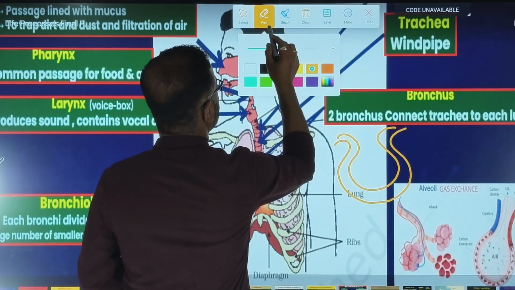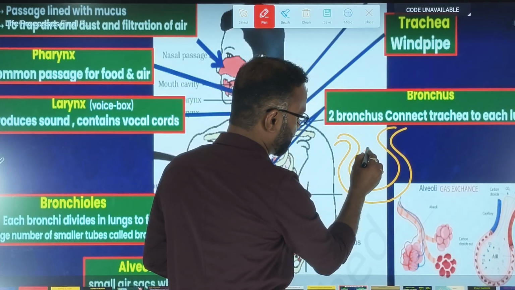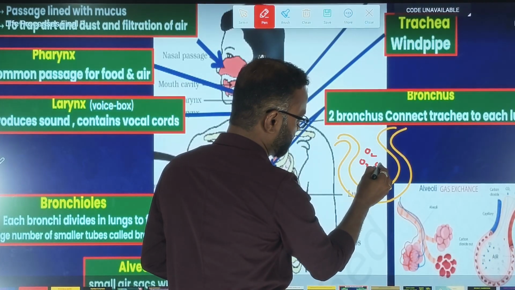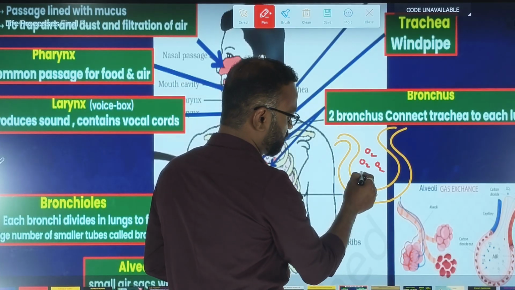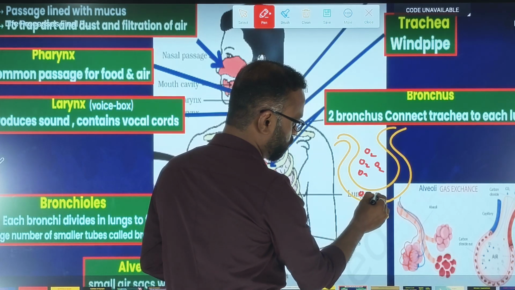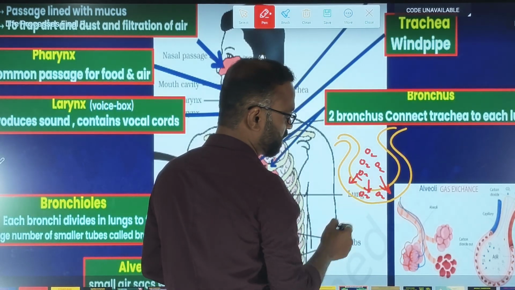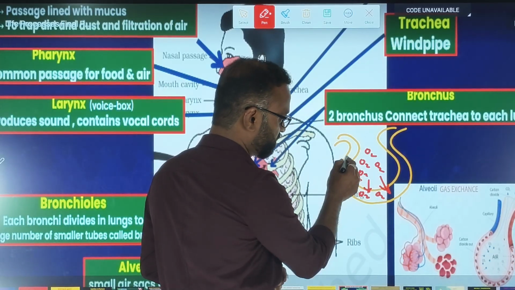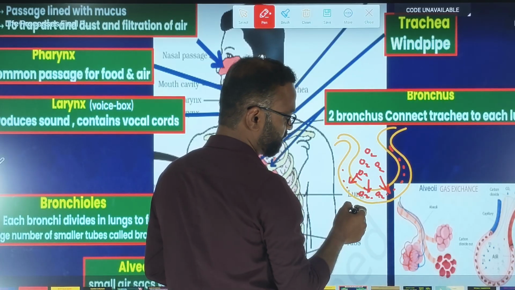During inhalation, when the oxygen level increases in the alveoli, that oxygen will start moving from the higher concentration towards the lower concentration. Here blood is flowing.